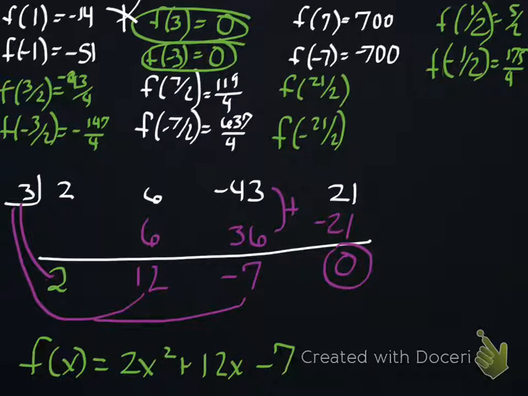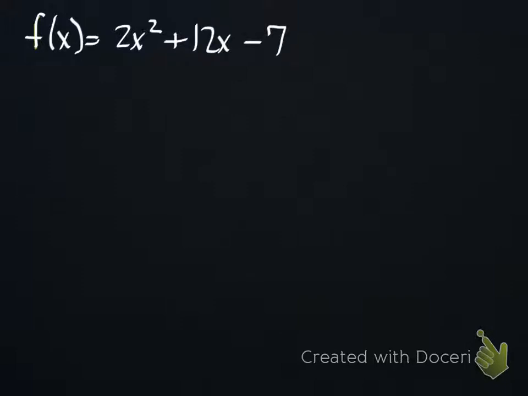Or if you didn't know what worked, we had f of x, 2x squared. What was the middle one? Okay. So we can look and see if we can figure out what we can factor here. If not, we can use the quadratic formula.